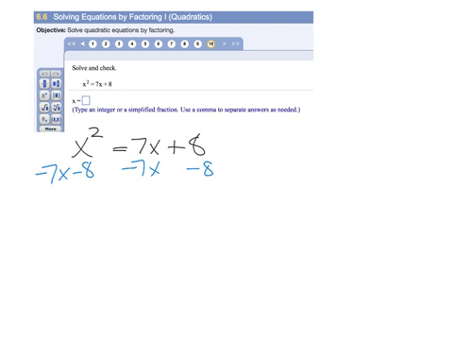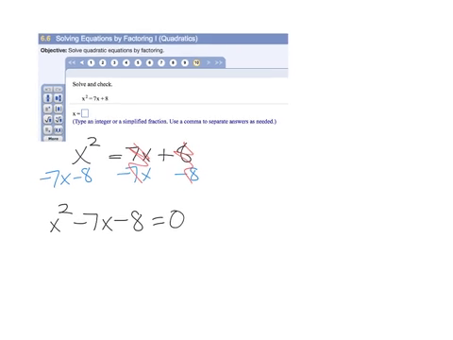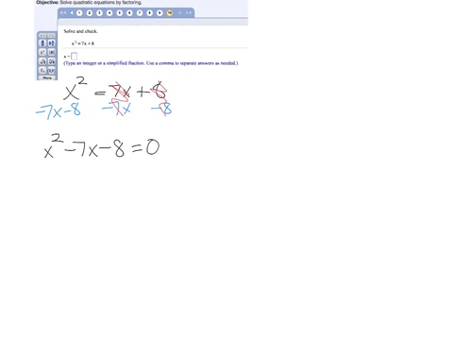All right, what does that do? The 7x's cancel, the 8's cancel. So what do we end up with on the left side? We end up with x squared minus 7x minus 8 equals, and on the right side, it equals 0.